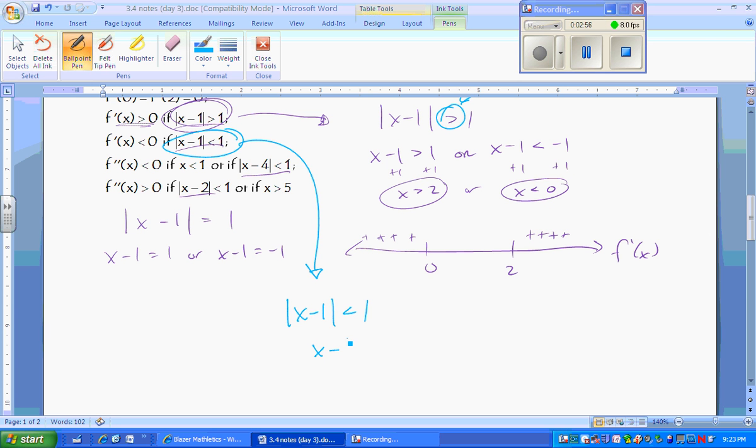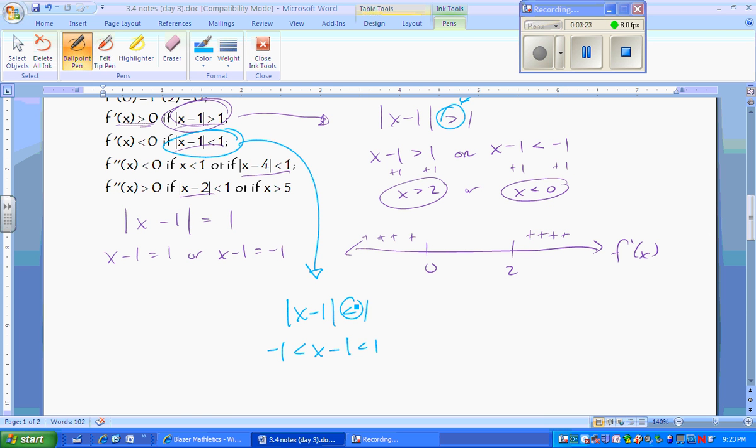So for this one, x minus 1 is less than 1. And just like the other one, we could do x minus 1, flip the sign, greater than negative 1. But in this case, we can actually compound them and put them together and write them like this. So there's still two inequalities, but they're smushed together. We can do it in this one, can't do it in that one because they're in opposite directions. Here, it's kind of in between.